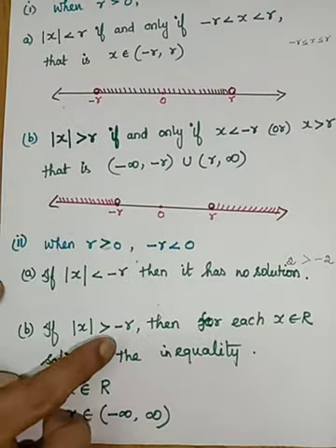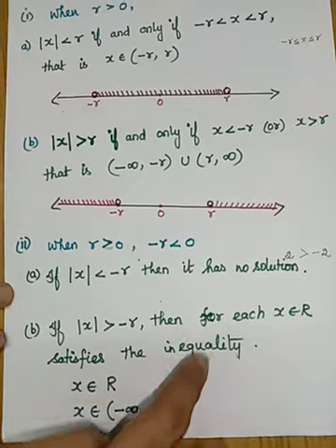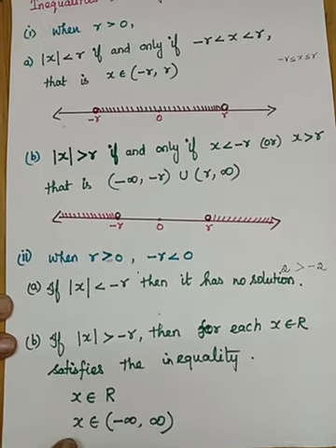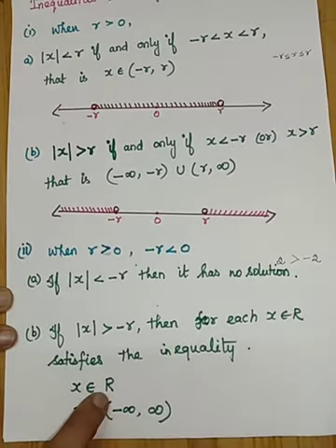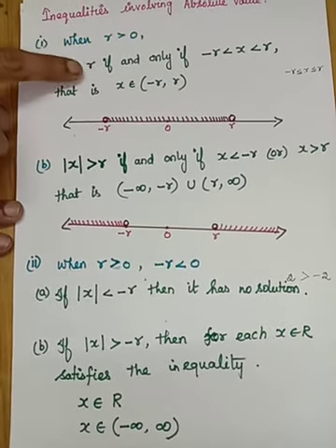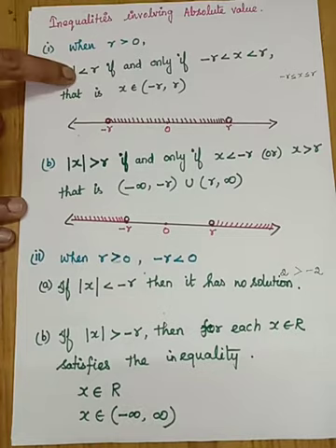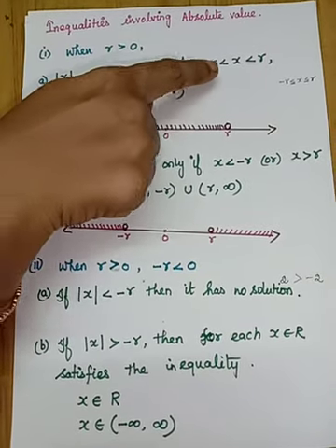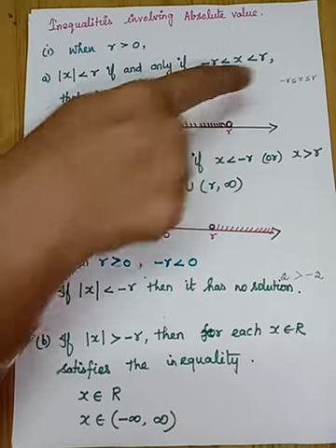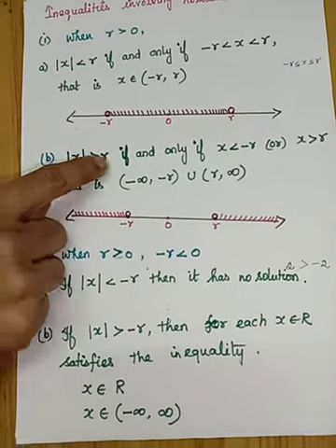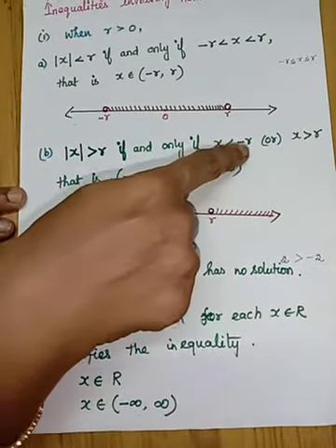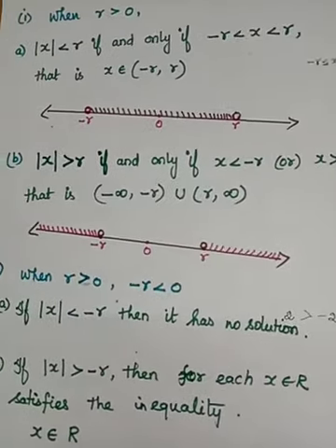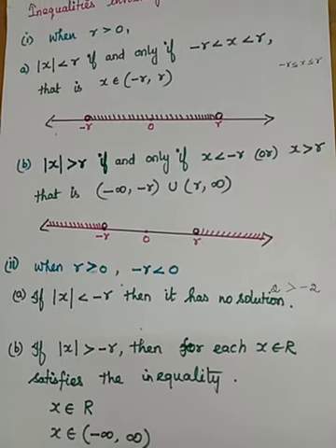If the right side is negative, you will get two solutions: it has no solution, or otherwise x belongs to the real numbers. If the right side is positive, according to this symbol, if it is less than, you have to write minus r less than x less than r. If it is greater than r, you have to write x less than minus r or x greater than r. So using this formula, we are going to do the problem now.